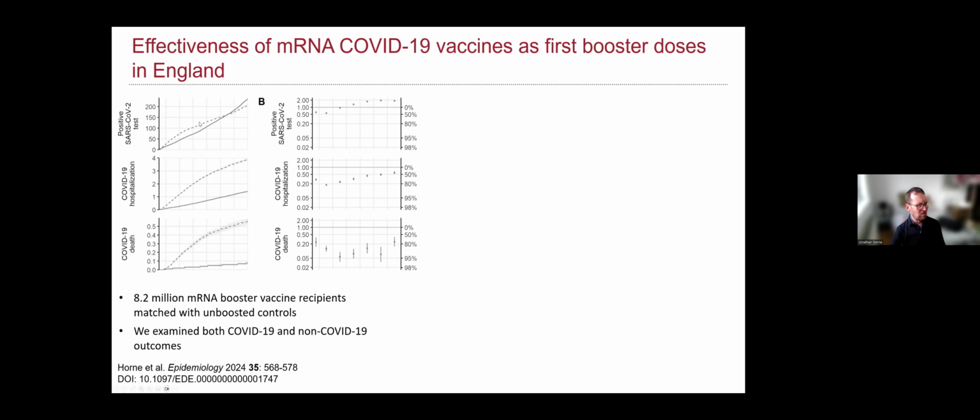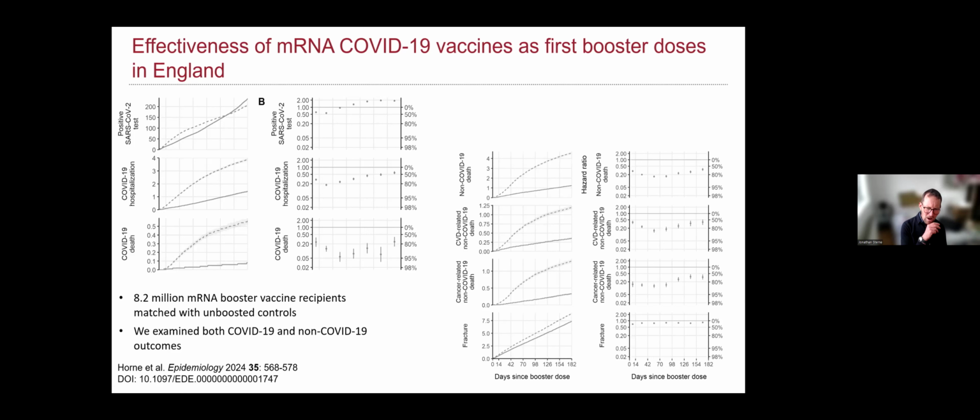For infection, you can see that the curves actually crossed, and that later in follow-up, infection rates were actually higher in people who had been boosted than not been boosted. But the effectiveness against COVID-19 hospitalization and COVID-19 death remained very, very substantial. Rather few papers on COVID-19 vaccine effectiveness have looked at non-target outcomes.